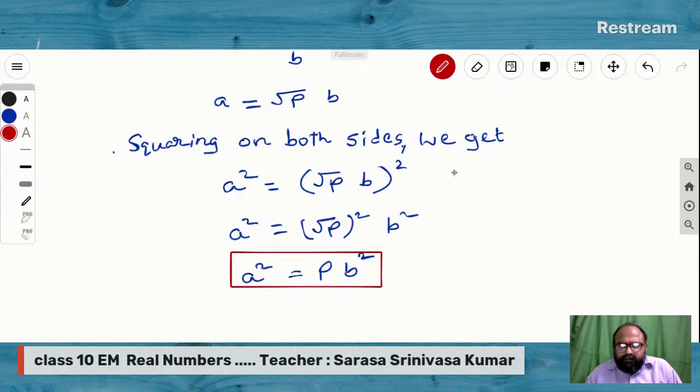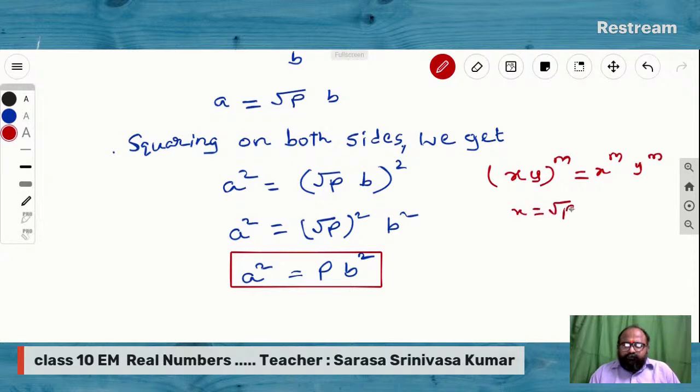Here we applied the formula xy whole power m equal to x power m y power m. So here x equal to square root of p, y equal to b, and m equal to 2.